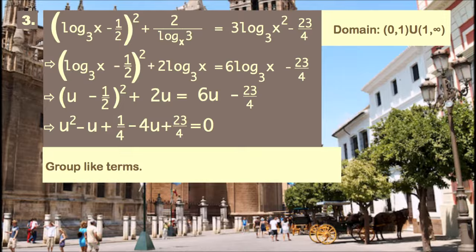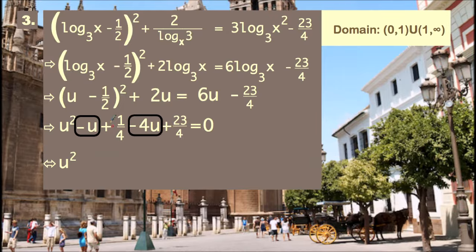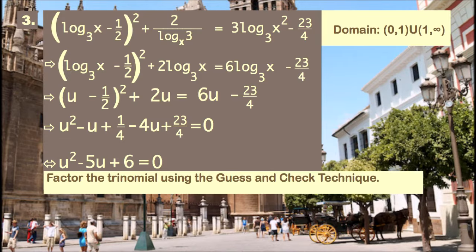Our next step is to group like terms. We have a negative u and a negative 4u, which results in u squared minus 5u, and then we group positive 1/4 and positive 23 over 4, which results in 24 over 4, reduces to positive 6, which equals 0.